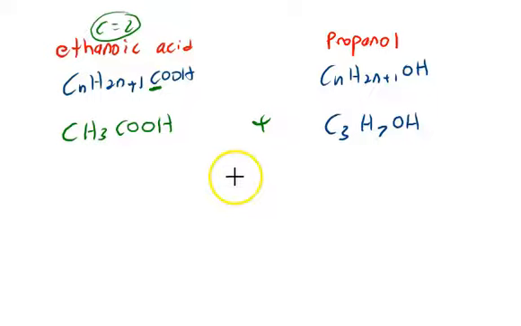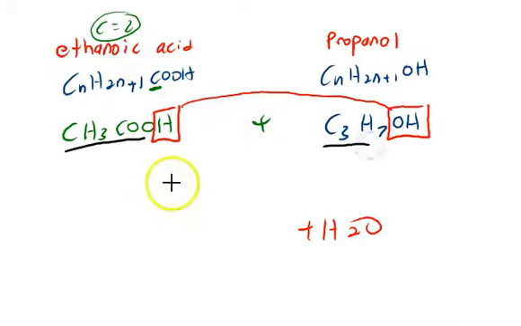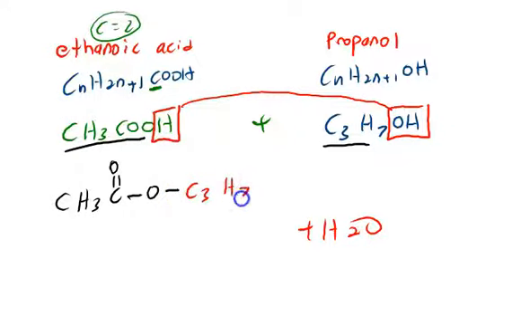When they combine, the hydrogen from the acid and the OH from the alcohol will combine to form water. They'll form the water, and both of these will be combined together. So we have the H3C-C double bond O, and it will combine with this C3H7.